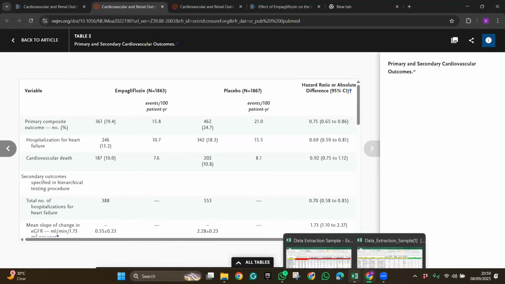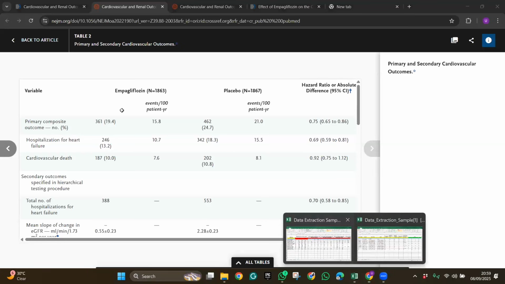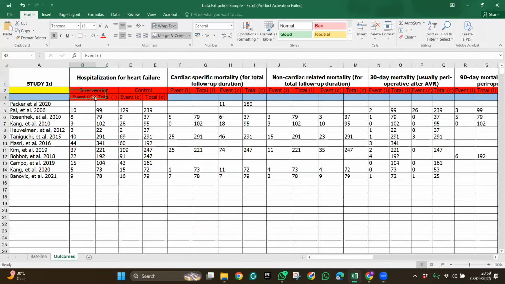So what I will do is that I will go to the extraction sheet and I am going to write events and total. I'm going to write events and total for the intervention group and for the control.